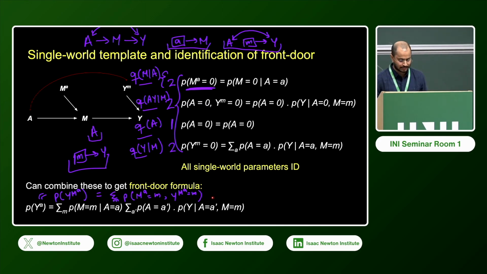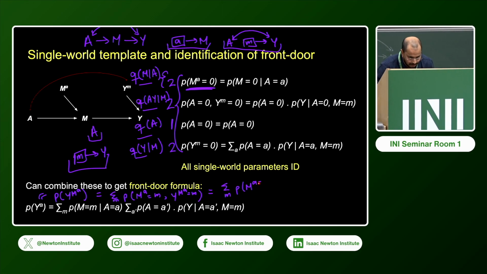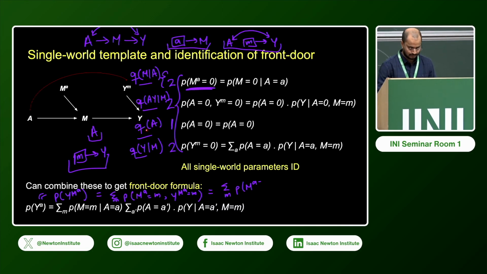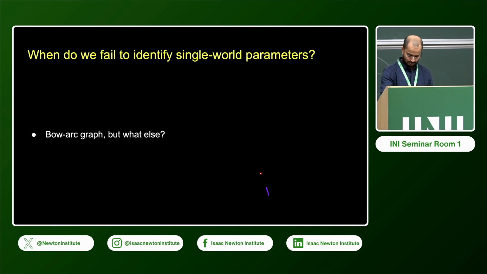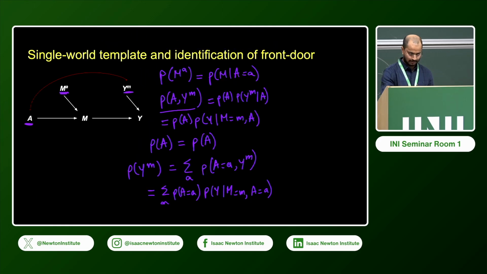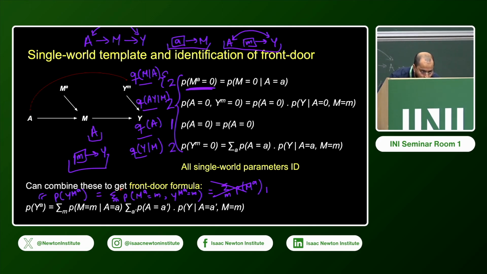Then by consistency, this is just equal to a summation over all possible values of M. Let me remove this, let's cancel that out. Okay, and we'll go here.